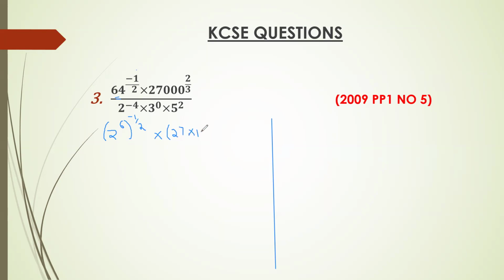Na kuna power 2 over 3 all over 2 power negative 4 times 3 power 0. Kumbuka 3 power 0 is just times 1, so kama siandiki, kumbuka hiyo times 1, if I multiply by all these, ile 1 yaanza itapotea tu. Sawa, so remember kuna times 1 lakini siandiki yani.